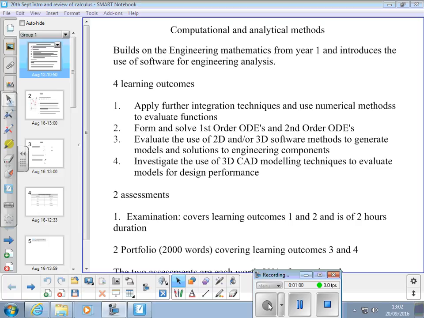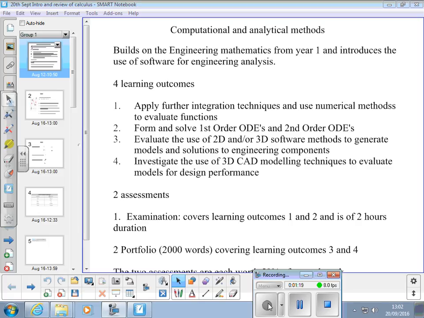So for learning outcomes, number one, apply further integration techniques and use numerical methods to evaluate functions. So we're going to do some more advanced differentiation and integration techniques.